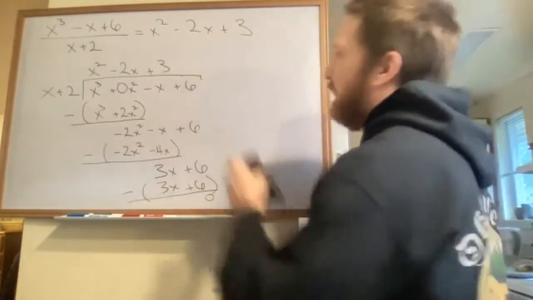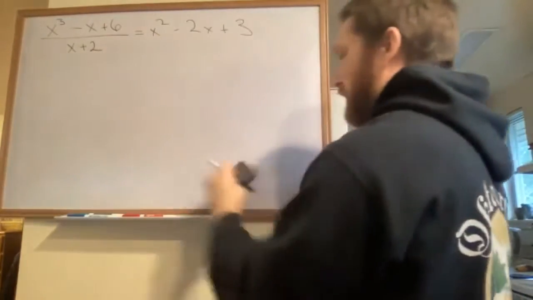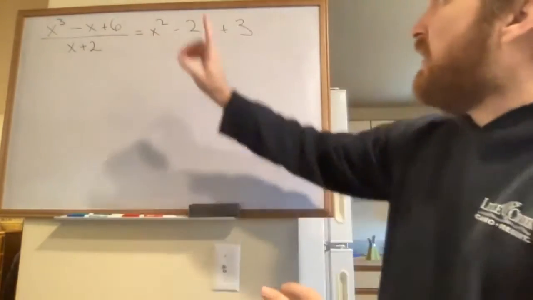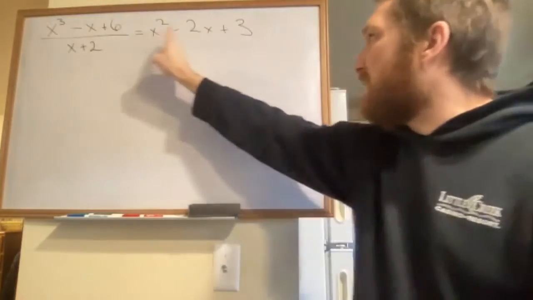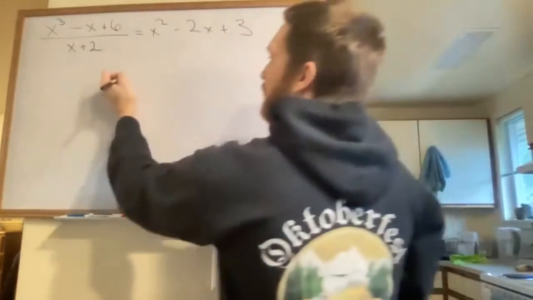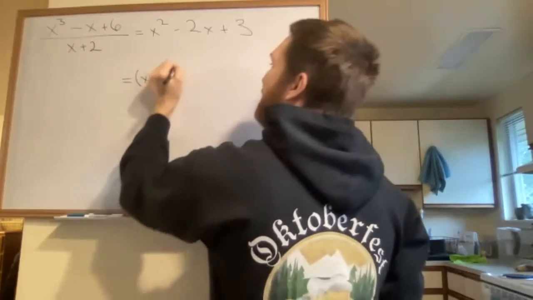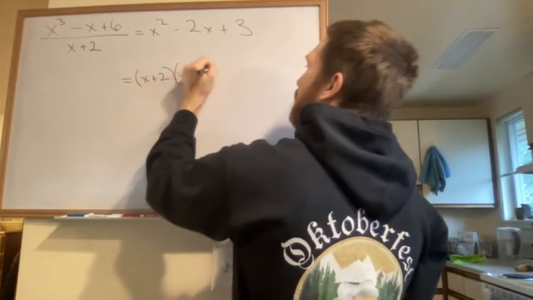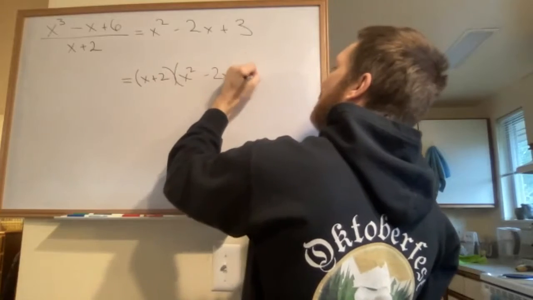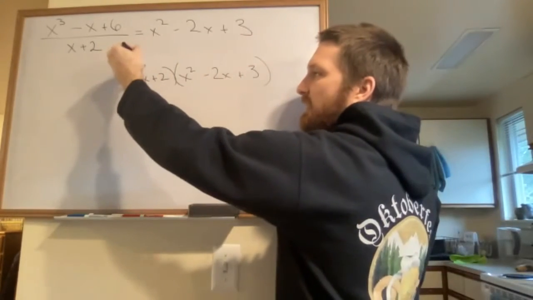Now let's just check it. We're checking it by saying, we took something divided by something gives me this thing. So if I multiply him up here, it had better give me the original thing. So x plus 2 times x squared minus 2x plus 3. Now let's distribute this guy in here first.